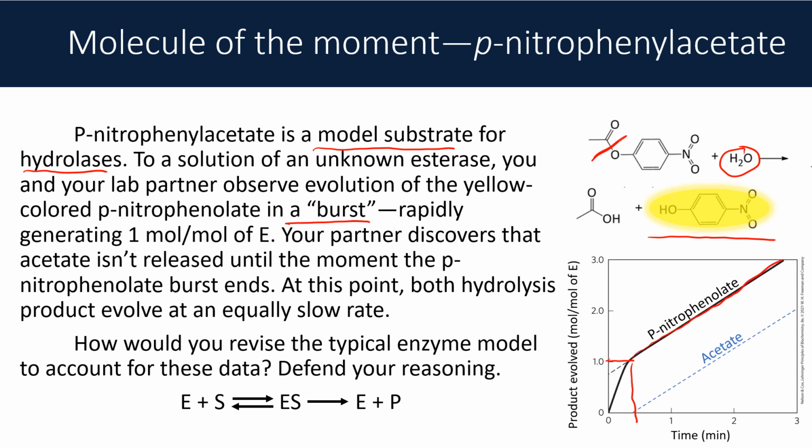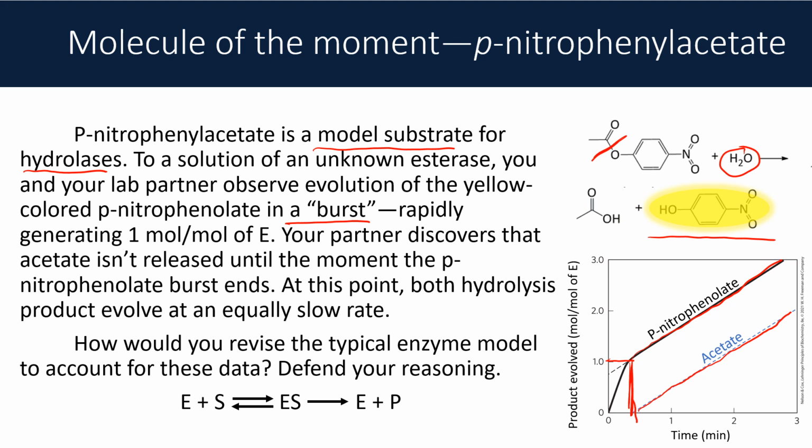Your partner also discovers that during that initial burst phase over here, there is no acetate being generated. But after the burst period ends, we generate acetate at a similar rate to which the para-nitrophenolate is generated after the initial burst.